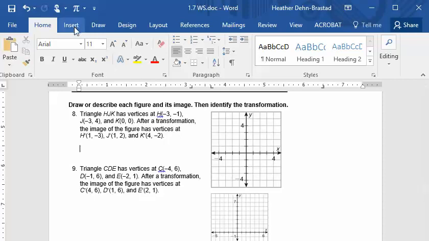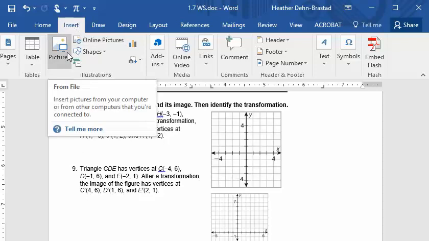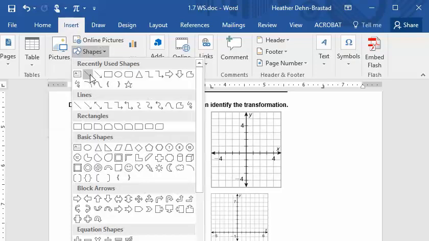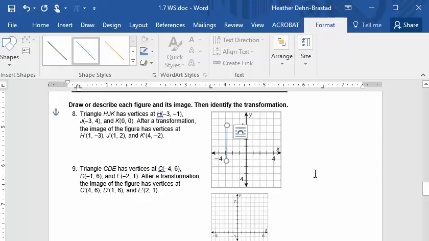That's H. So you can go to Insert, and then you can go to Shapes, and you can get a line segment down here. So I'm going to get a line segment, and I'm going to start my line at -3, -1, which is right here, and I'm going to draw it to J, which is at -3, 4. So that's just straight up to 4. So that line is right there.